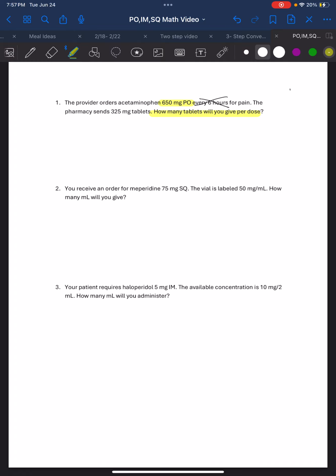I'm going to use the red to circle what we need. We know we need to give our patient 650 milligrams. That's our need, and we always put our need over 1. The next thing we know is that it needs to be in tablets. So our conversion factor for this, they give it to us.